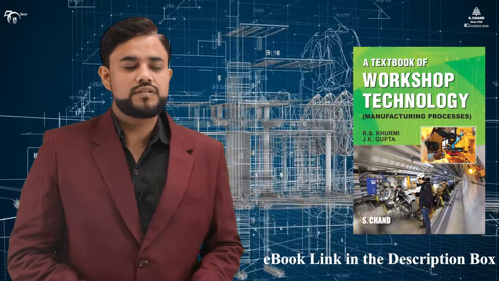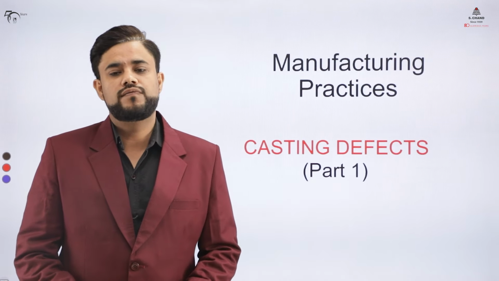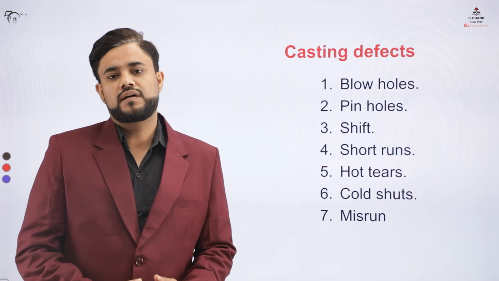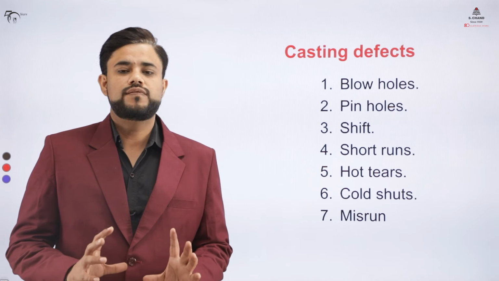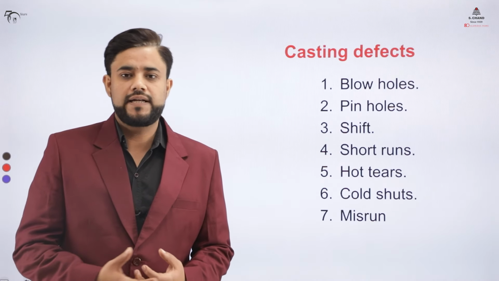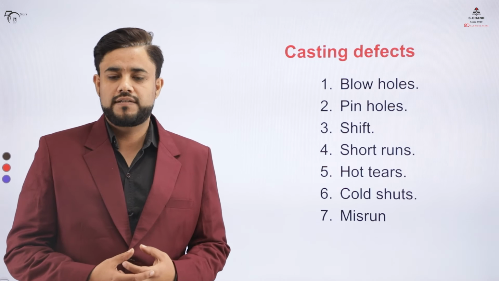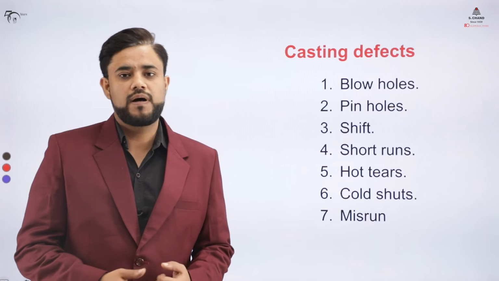This is the first part of the video in which we will be learning about the casting defects, and this is the topic of the course Manufacturing Practices. So a casting defect is basically a defect which occurs in the final product because of certain causes, and we have certain set categories of these defects, and we will be learning about these defects in this part of the video.